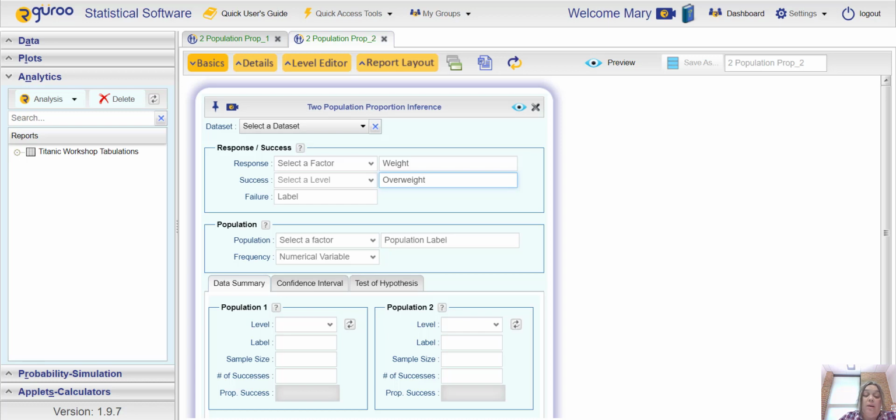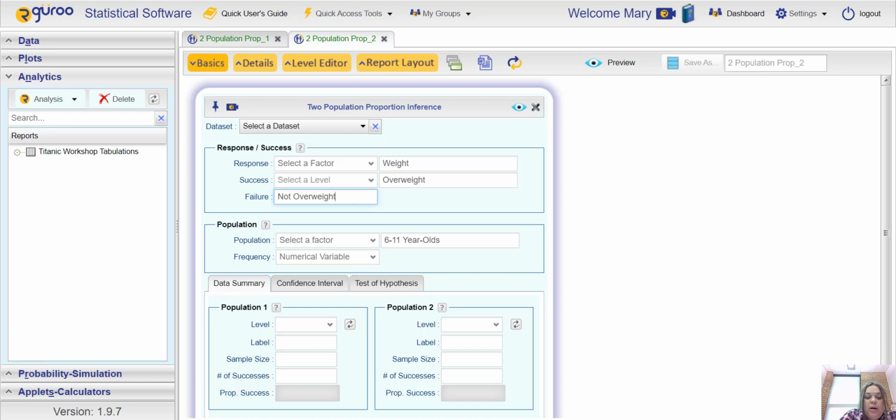So we're interested in seeing how many are overweight. And then the population that we're looking at is 6 to 11 year olds. If you wanted to, you could label failure as not overweight, but it's not necessary.